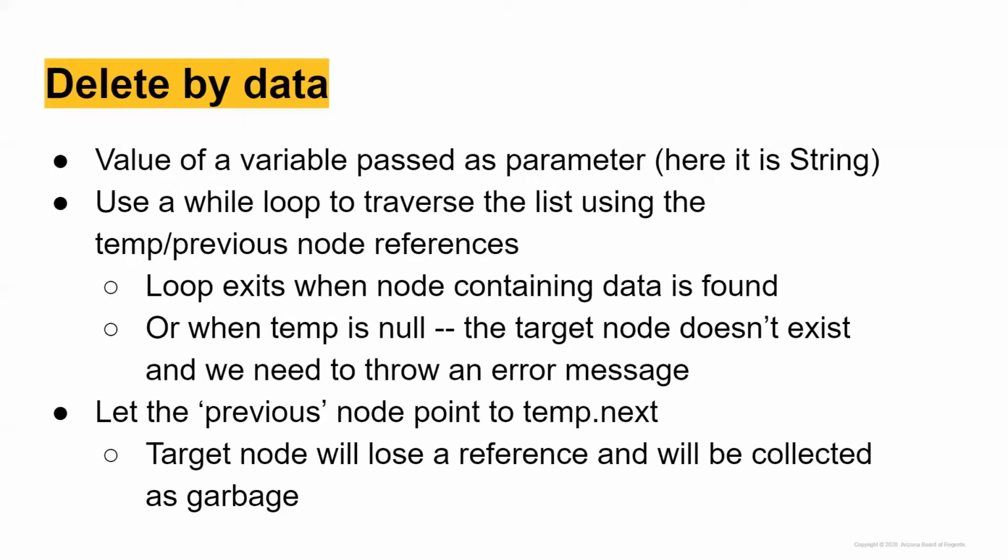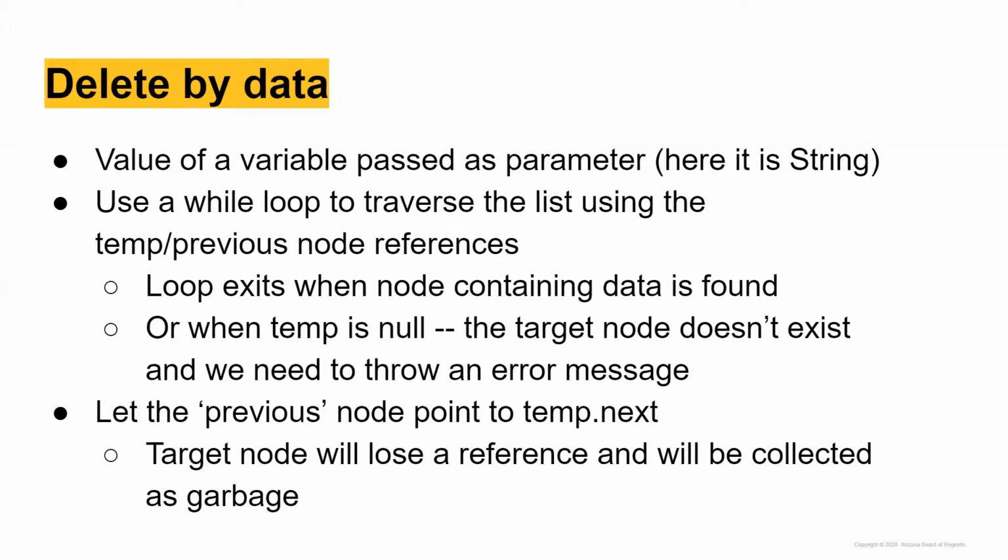All right, so the last thing we're going to talk about is deleting by data. We could also delete by index, and I'll talk about that in just a second. I just wanted to show you a different type of way that we can add or delete something arbitrarily in a list.